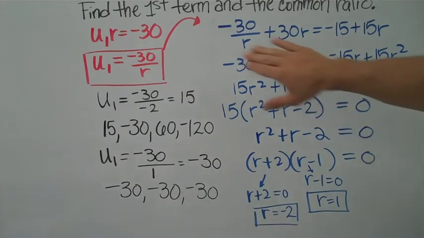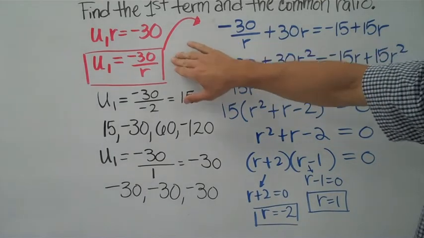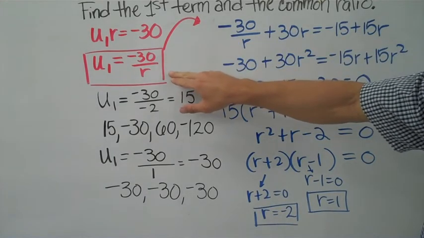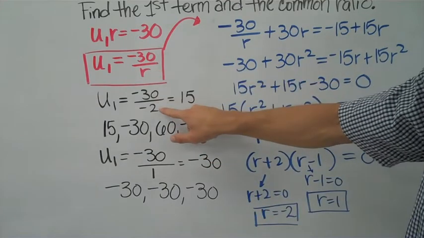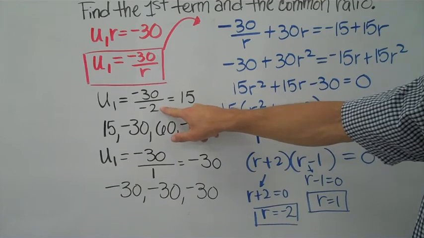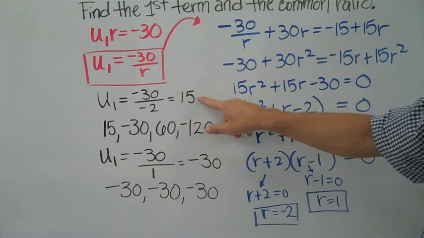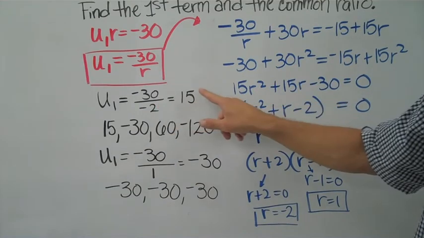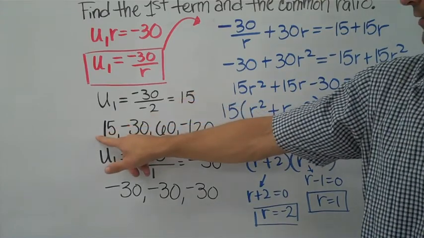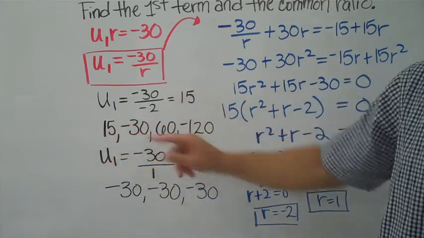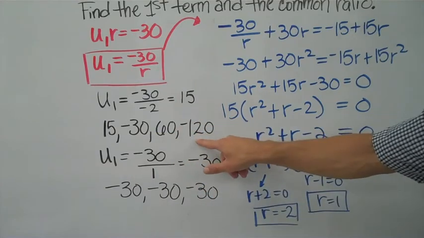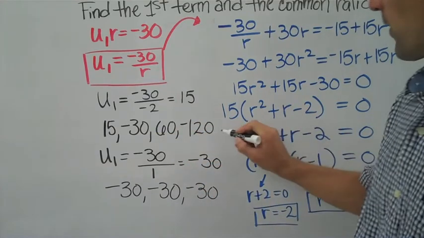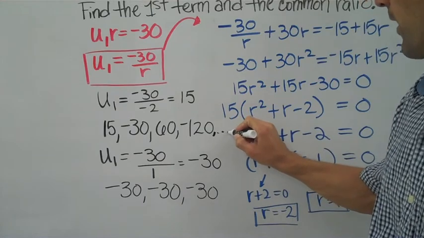Well, earlier we found out that u1, or our first term, is equal to negative 30 over r. So let's try r is negative 2. When r is substituted with negative 2, we get our first term is 15. If r is negative 2 and our first term is 15, that means 15 times negative 2 is negative 30, times negative 2 is 60, times negative 2 is negative 120, and this will go on and on.